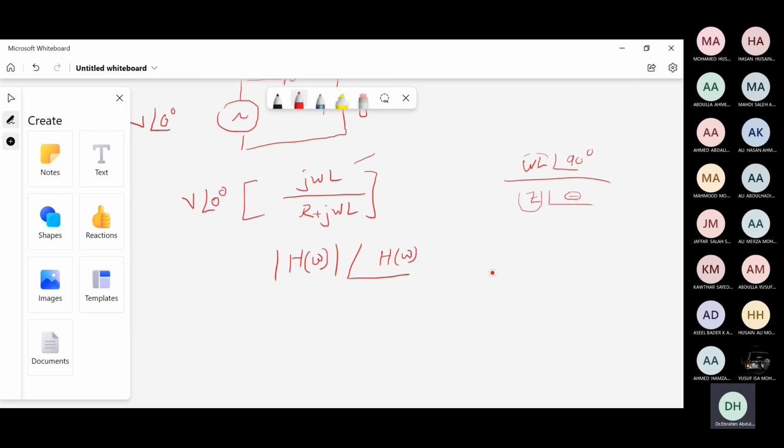So if we name this one as H of omega, this H of omega is a magnitude and angle. We multiply this one with V angle 0. So then we multiply magnitude with magnitude, so it is V H of omega, and we add this angle to this angle, so it is 0 plus angle of H of omega.